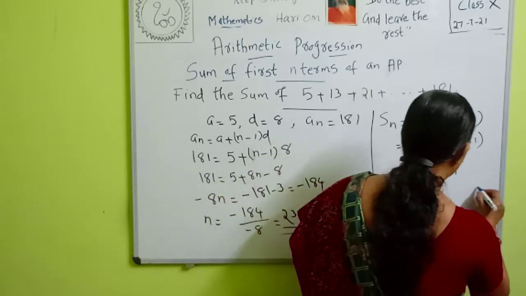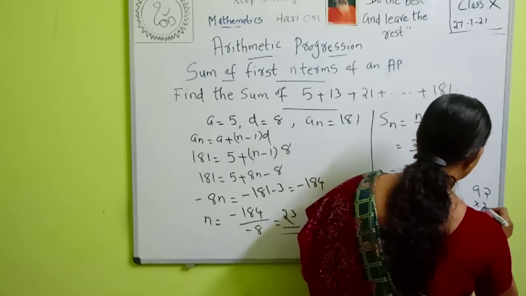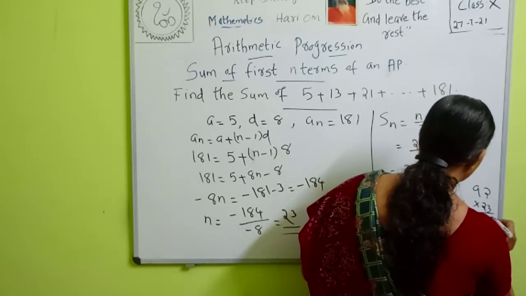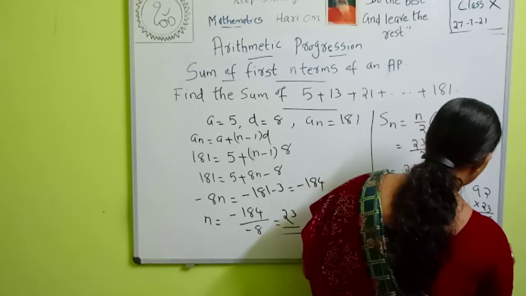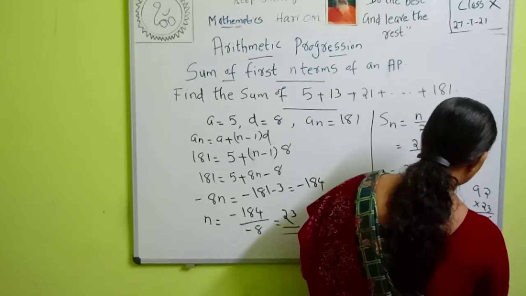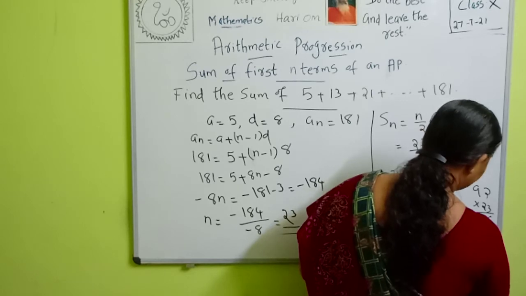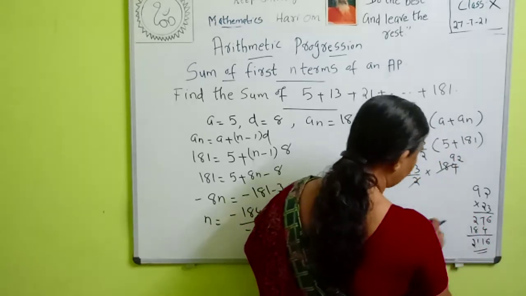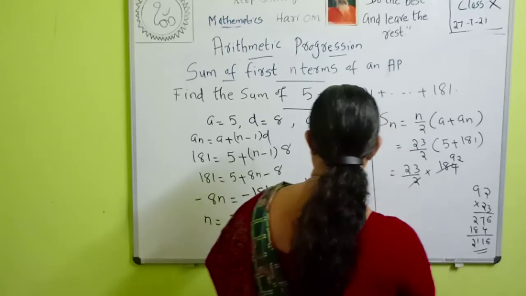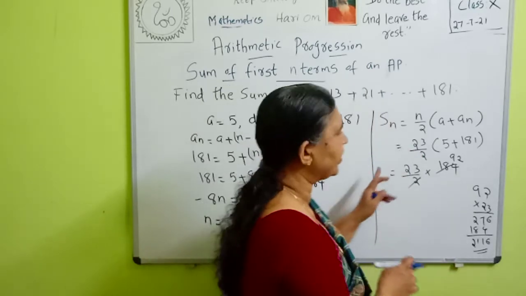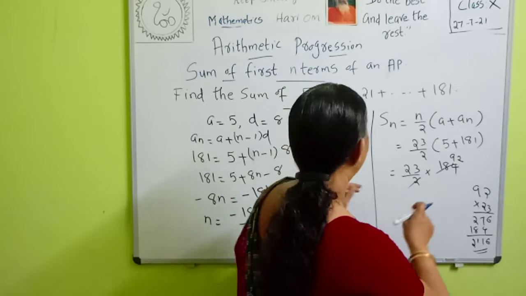Then 92 into 23 is equal to 2116. So here Sn is equal to n by 2 into a plus An. N is equal to 23. So 23 by 2 into 5 plus 181.